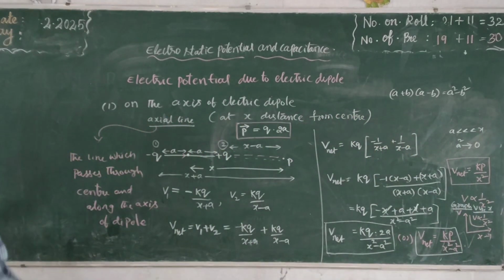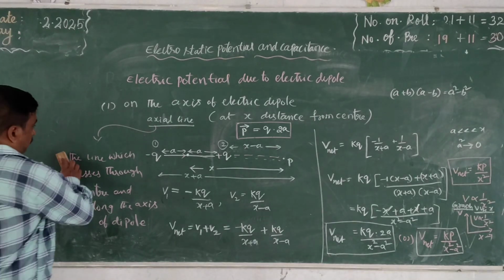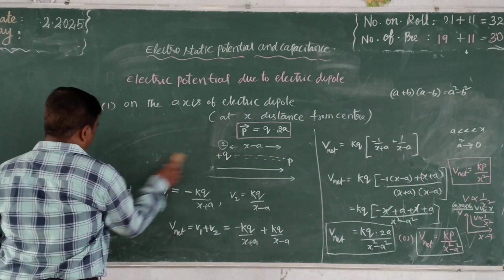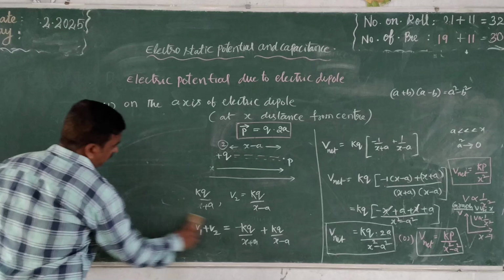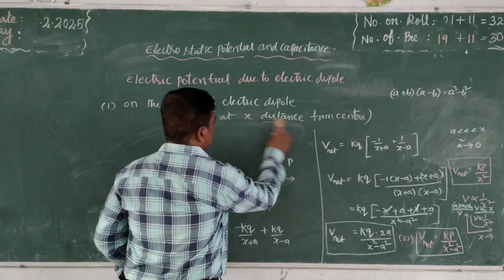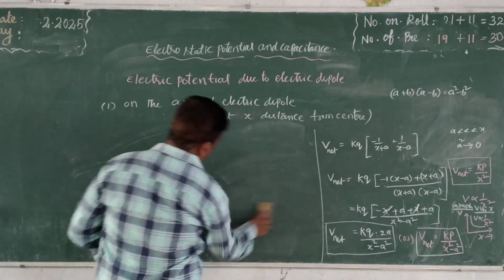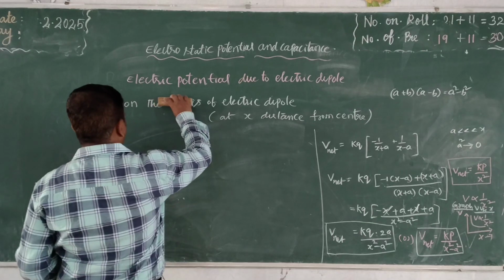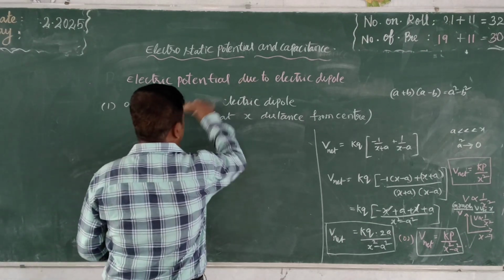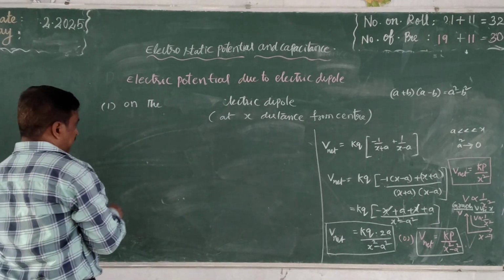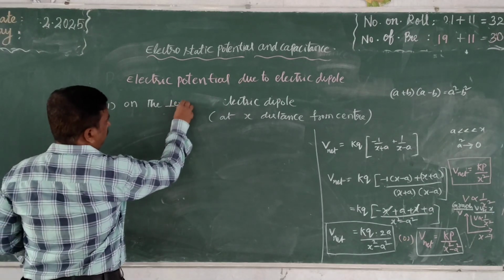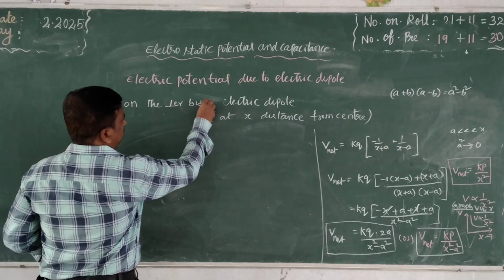Now we discuss the second one: on the perpendicular bisector of the electric dipole, at x distance from the center.